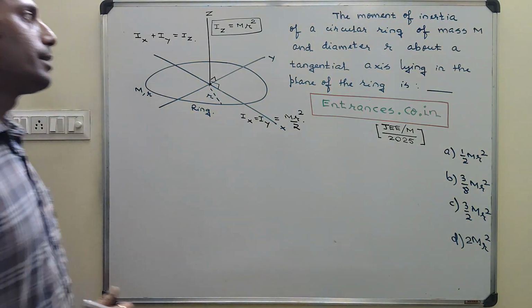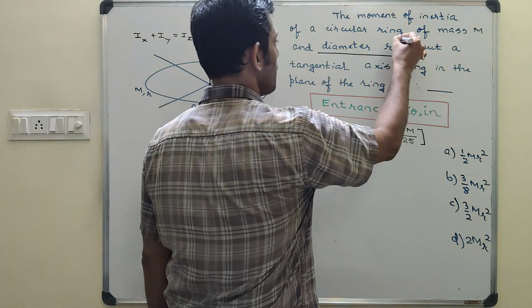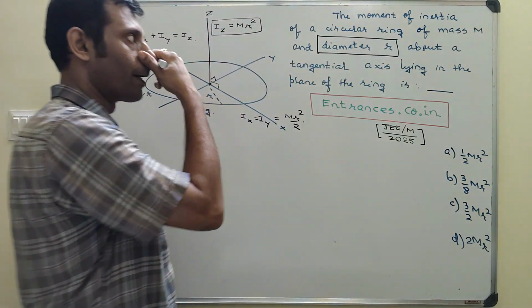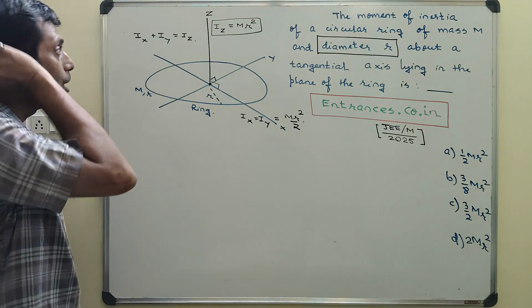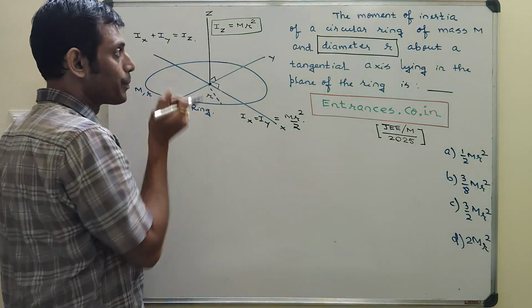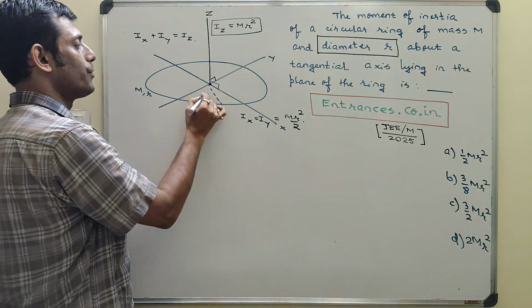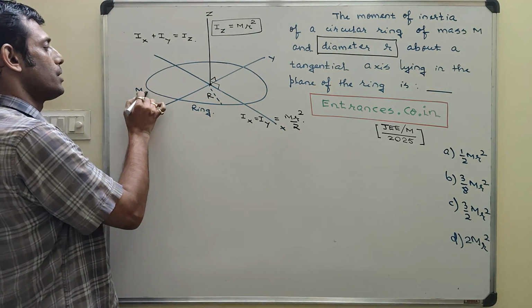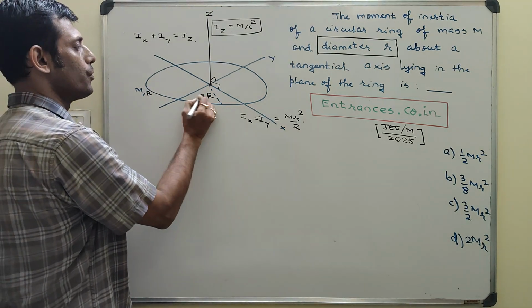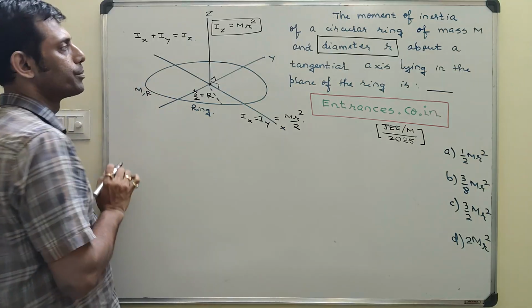Now see, the surprise in this question is about the diameter r. If the diameter is r, that means the radius is equal to r by 2.